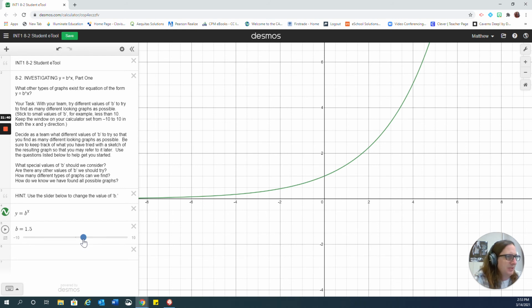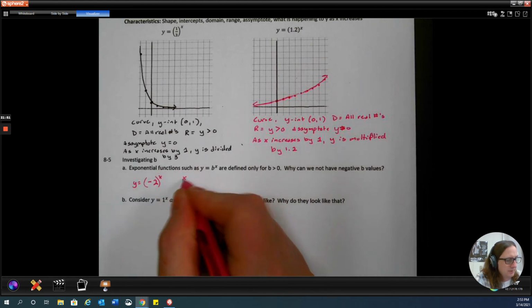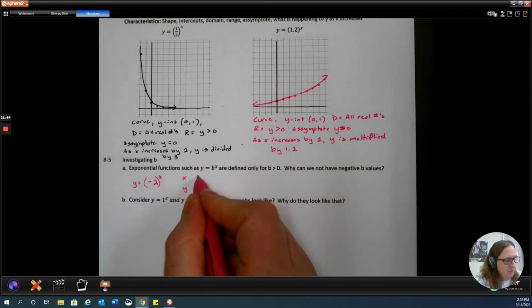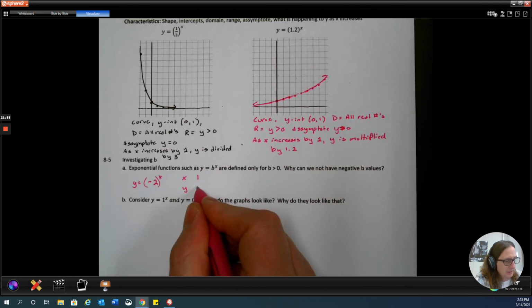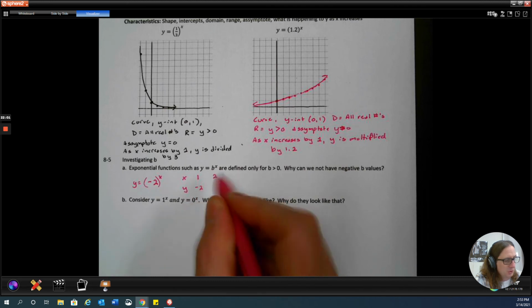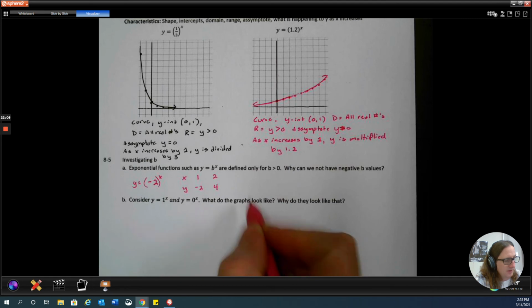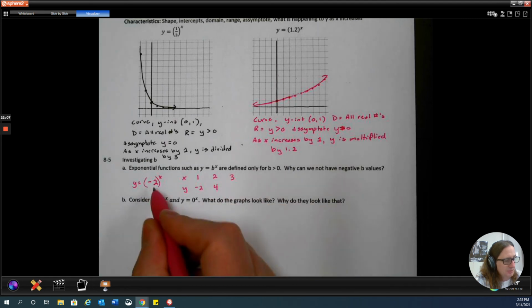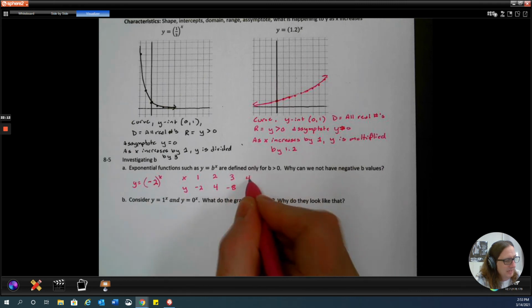So if I take -2 to the x power, if I plug in 1, -2 to the first power is -2. But if I plug in 2, -2 times -2 is +4. If I plug in 3, -2 times -2 times -2, that's -8. If I plug in 4, I get 16.